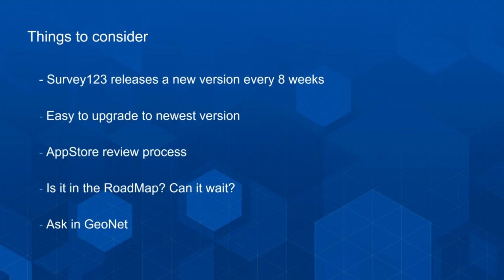For example, if you have made changes to Survey123 version A, make sure that you keep your code separated and easy to upgrade. So if the new Survey123 comes out and the source code is released in AppStudio, you can easily move that code into the new version.